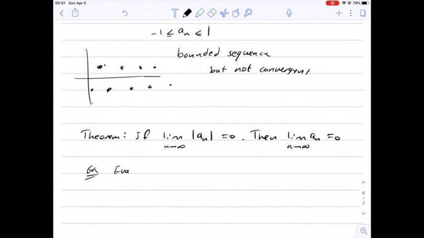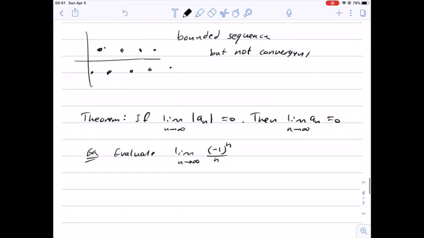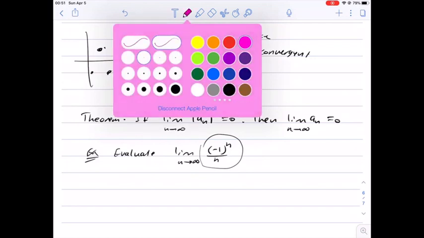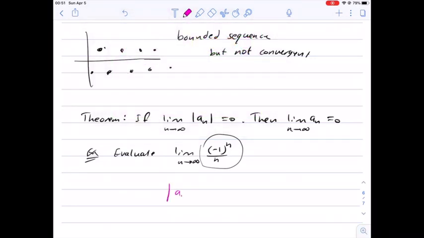For example, if we want to evaluate the limit of -1 raised to the power n over n as n approaches infinity, in this case it's not easy to find it directly by substituting infinity. So the theorem says that if you find the limit for the absolute value of a sub n, let's take the absolute value of a sub n.